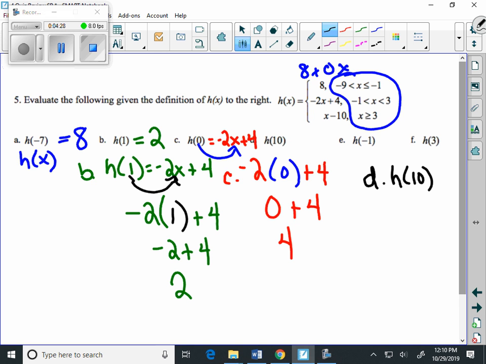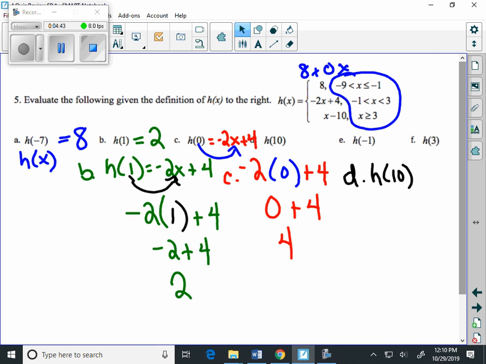Those are all negatives. 10 is not between -1 and 3. 10 is greater than or equal to 3, our third piece this time. So when we calculate out this value, what we're going to use is that function x minus 10.